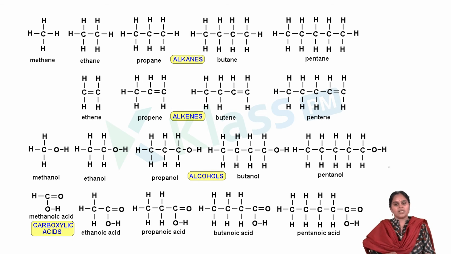Ethanoic acid: we need to add -oic acid. Same way, propanoic acid because 3 carbons are there, and butanoic acid because 4 carbons are there. This is the carboxylic acid. And pentanoic acid, 5 carbons with the carboxylic acid. This is the way we have to name the compounds.